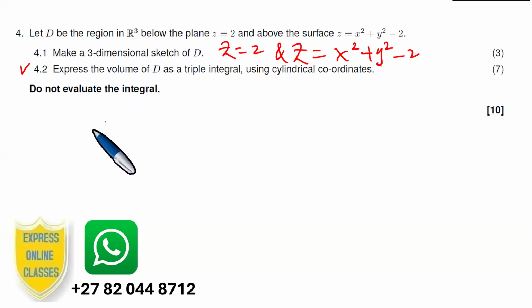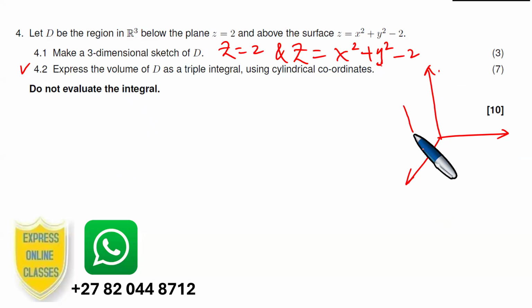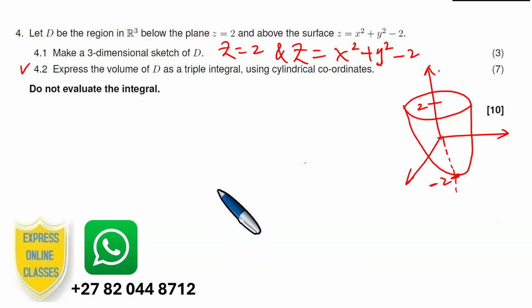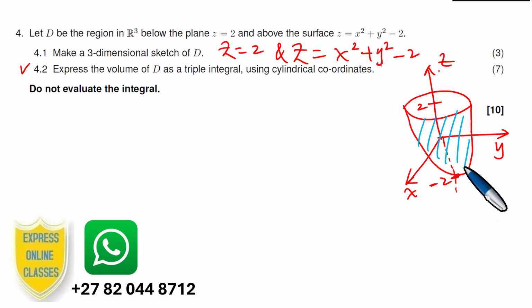Right, so now you need to remember. What I'm going to do is draw a rough sketch here again. We remember that it is sort of like this, and it cuts through 2 here, and here it is cutting through minus 2, with the axes Z, Y, X. So that in the end, this is the sort of surface we're talking about.